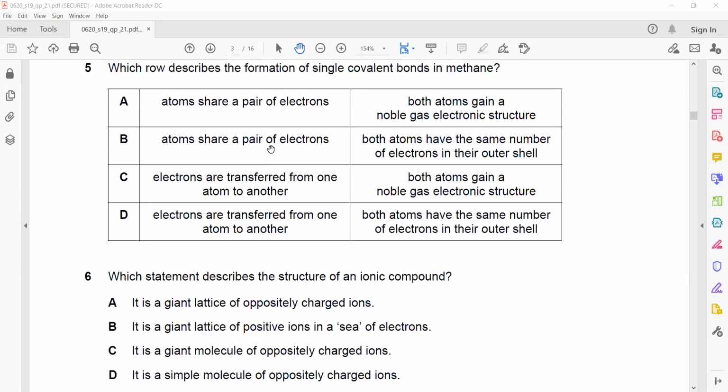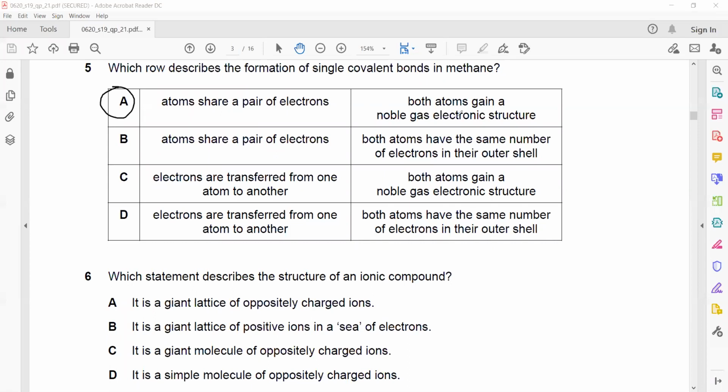Question 5. Which row describes the formation of a single covalent bond in methane? Yeah, A is the right answer.